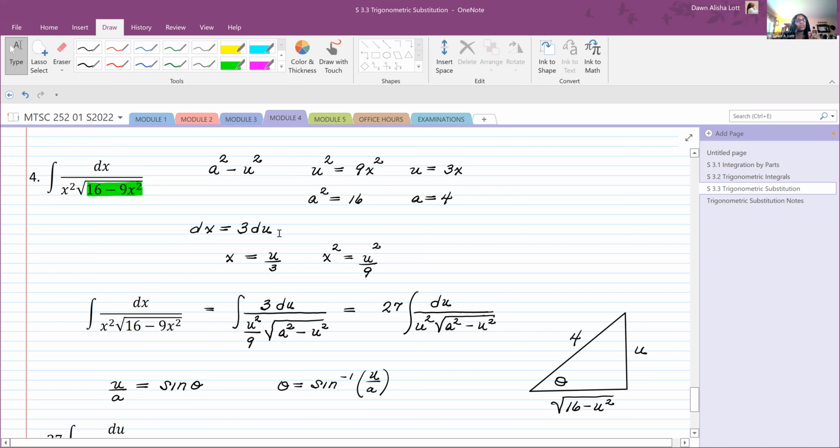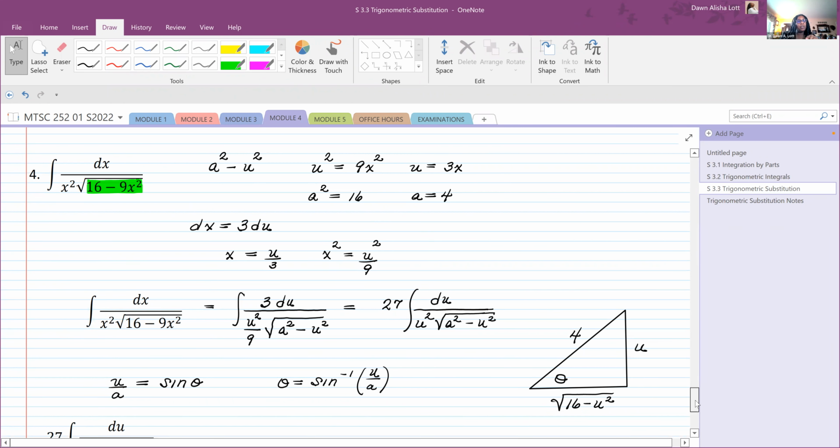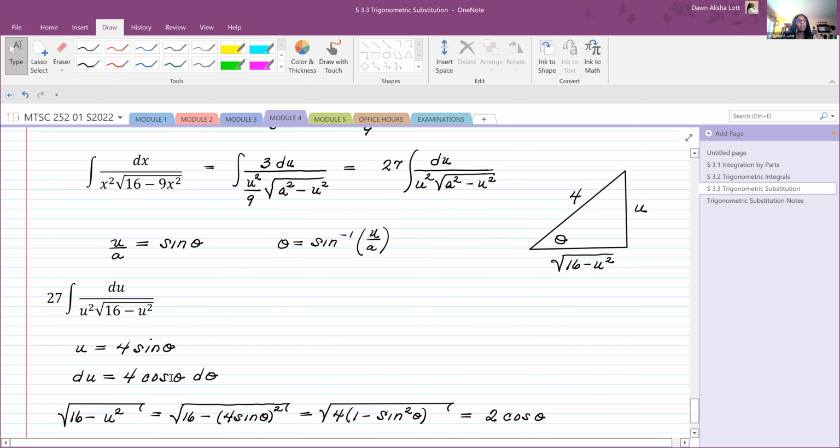So dx was 3 du, so therefore x was u over 3, and x squared is u squared over 9. Now we can make a complete substitution, and this became the square root of a squared minus u squared. So we rewrote the new problem as 27 integral of du over u squared times the square root of 16 minus u squared.